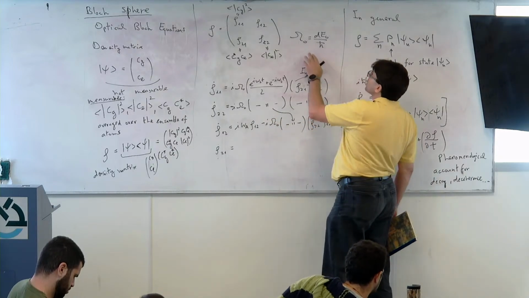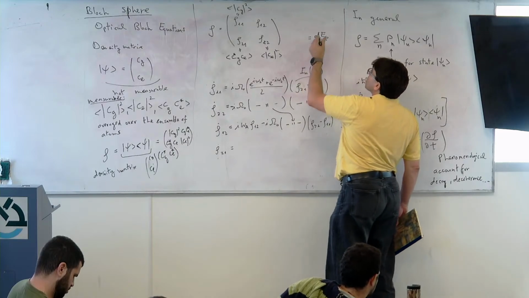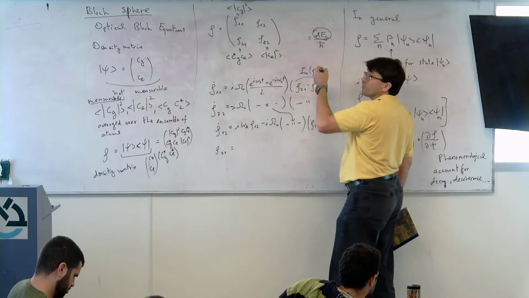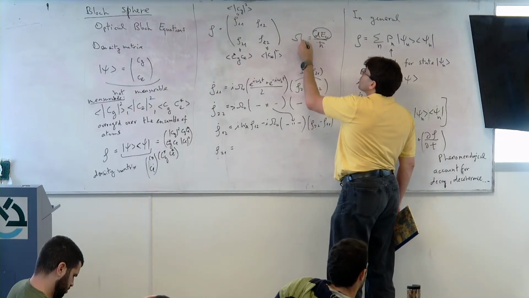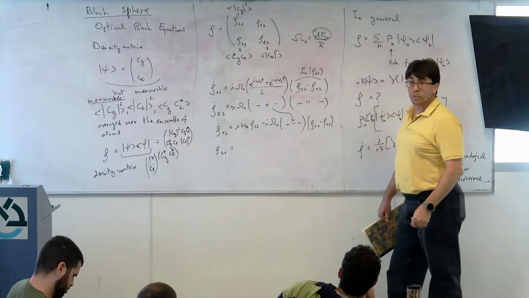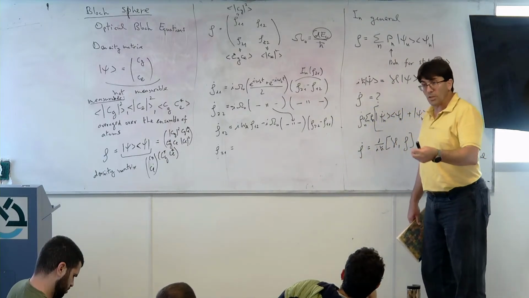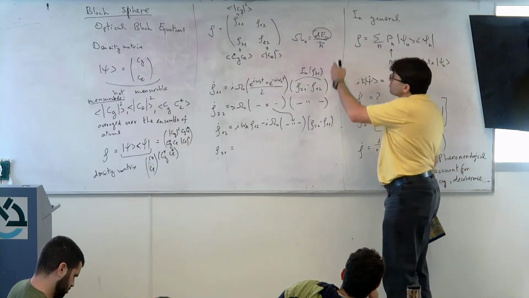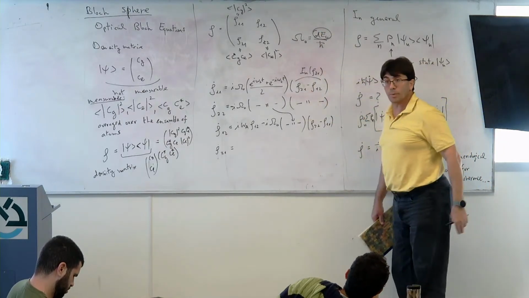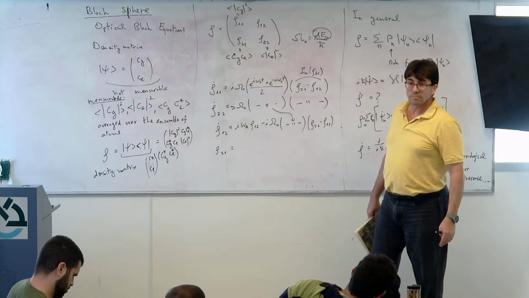What I mean is that you're right that this has the dimensions of energy, and that's why I divide it by h bar to make a scale which is frequency. So the field is measured in frequency units because it is multiplied by the dipole and divided by h bar.